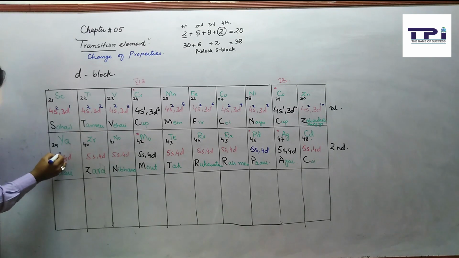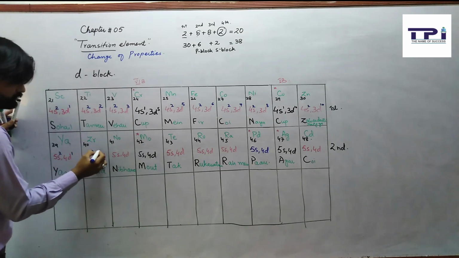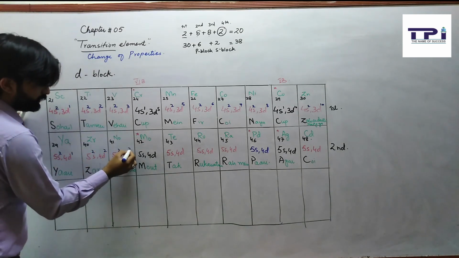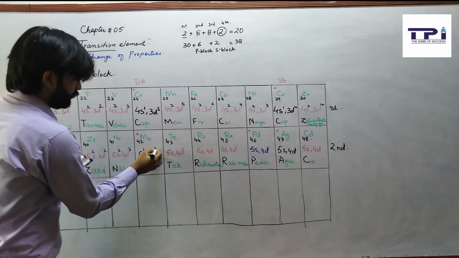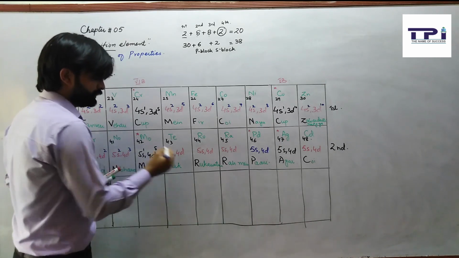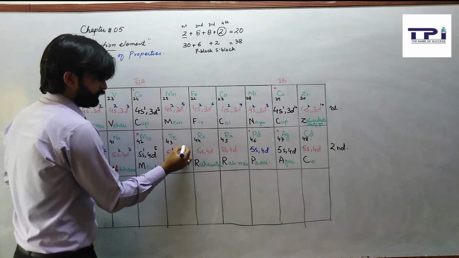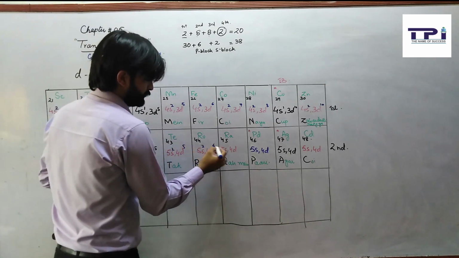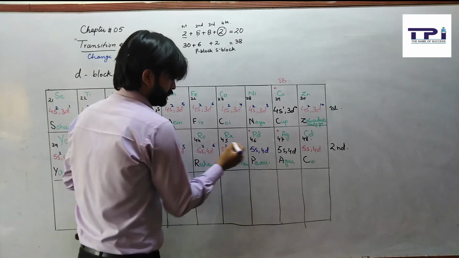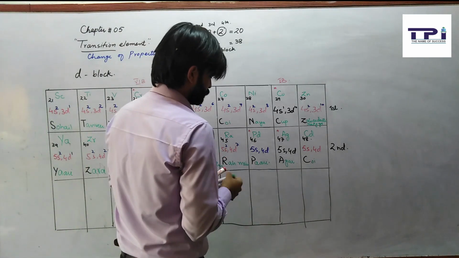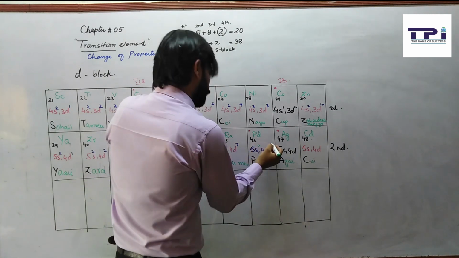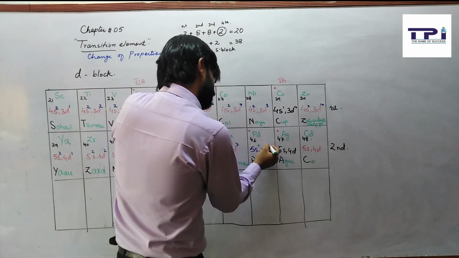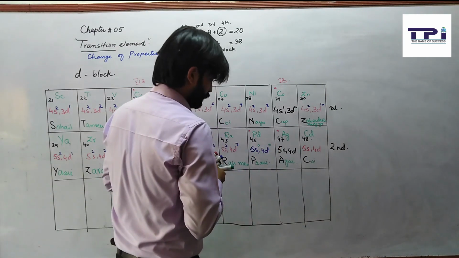Then you have electron configurations S2d1, S2d2, S2d3, and this one S1d5. This one S2d5. S2d6, S2d7, and this one also a special case: S0 and the D is 10.